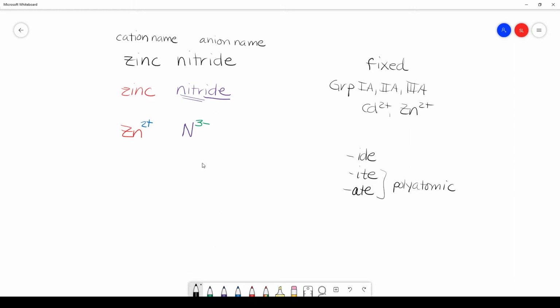This corresponds with anions in group 5A, 6A, and 7A having charges of 3 minus, 2 minus, or 1 minus. So again, the group numbers and the charges of the ions when those elements are ions, those are things that you just need to know that you can get from the periodic table.